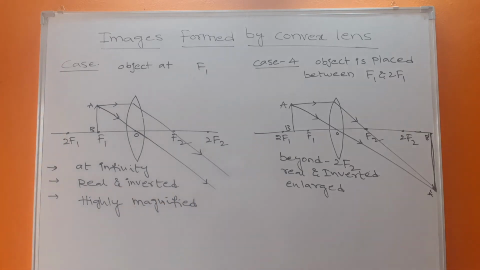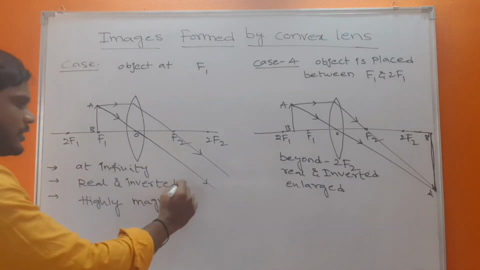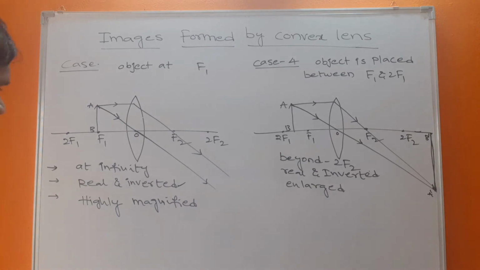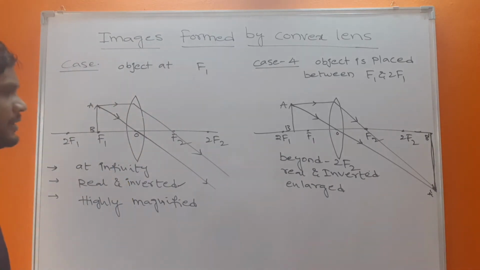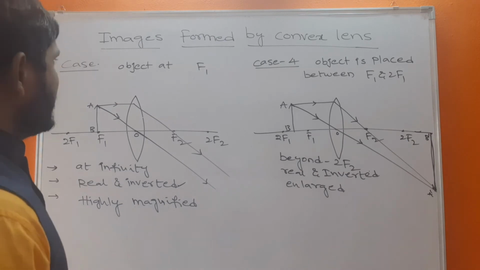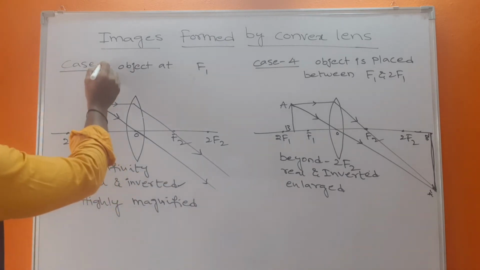Okay, so this is what happens when the object is placed at f1. So the image is going to be formed at infinity. Coming to the characteristics: real, inverted and highly magnified. Okay, so now let's go to the sixth case.